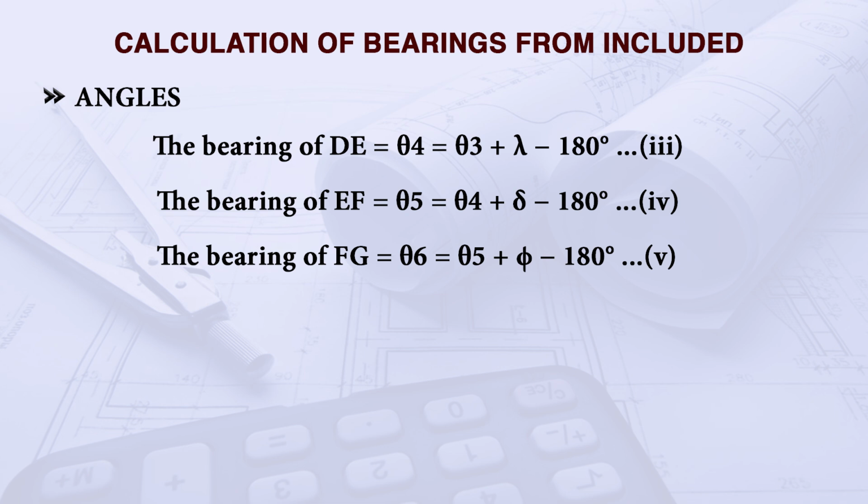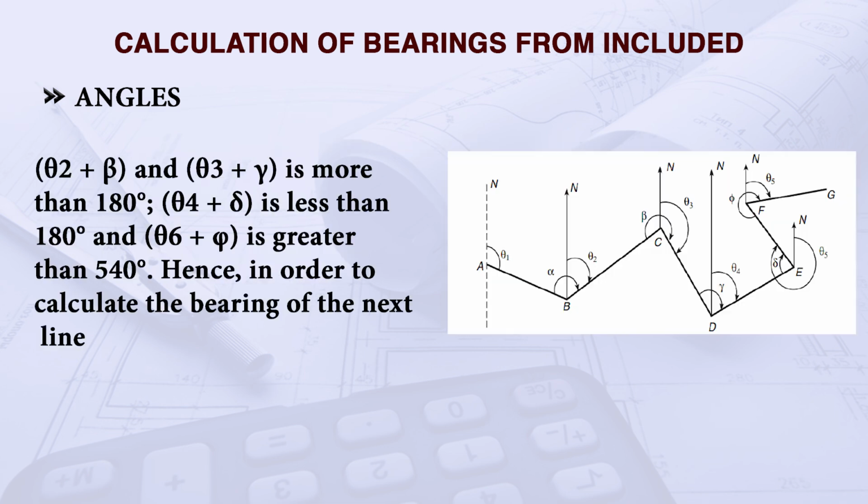Referring to the figure, it is evident that each of theta 1 plus alpha, theta 2 plus beta and theta 3 plus gamma is more than 180 degree, and theta 4 plus delta is less than 180 degree, and theta 6 plus phi is greater than 540 degree. So, hence in order to calculate the bearing of the next line, the following statement can be made.